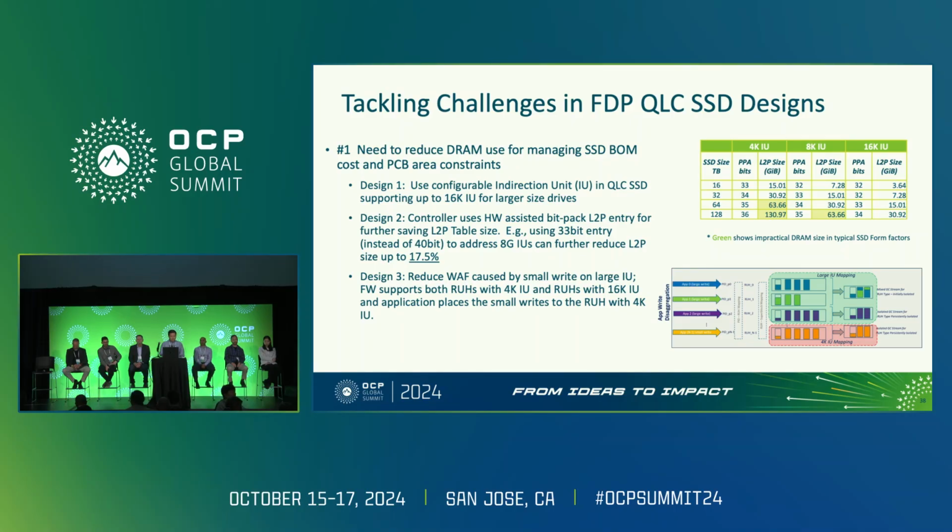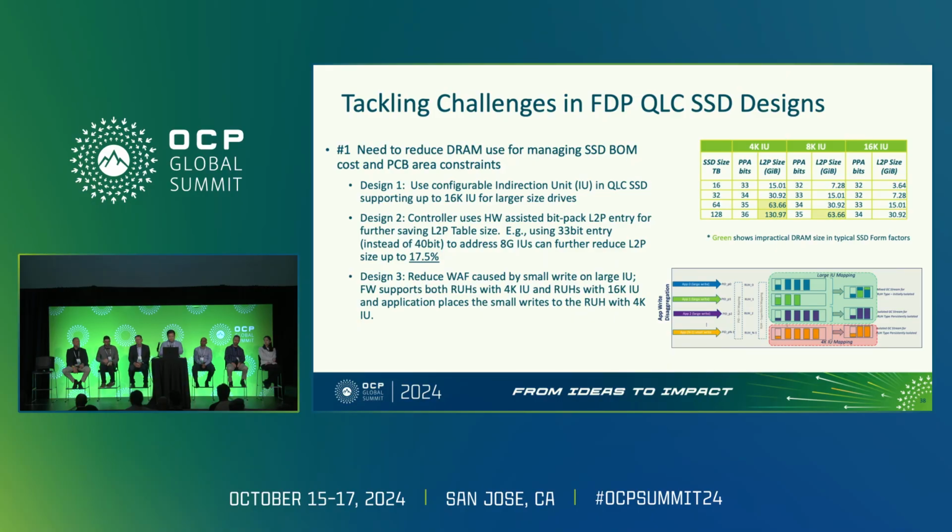And the second design: our controller uses a hardware-assisted bit-packed L2P entry to further save L2P table size. For example, we use 33 bits instead of 40 bits to address the 8 gig IU. This can further reduce the L2P size by up to 17.5%.